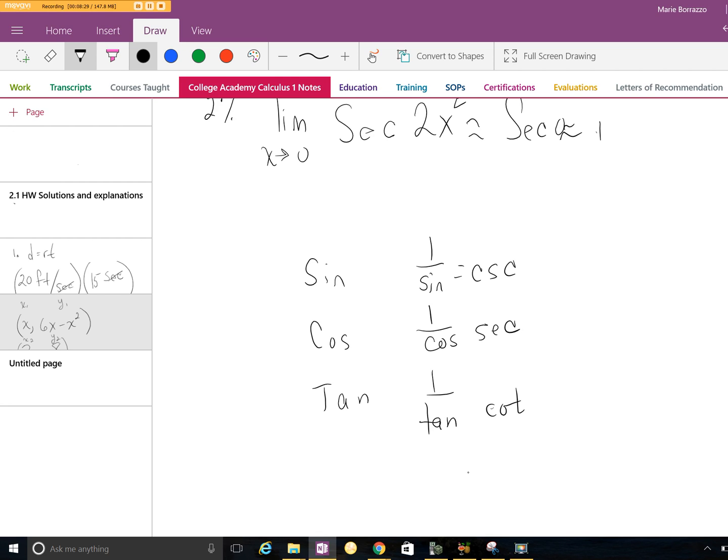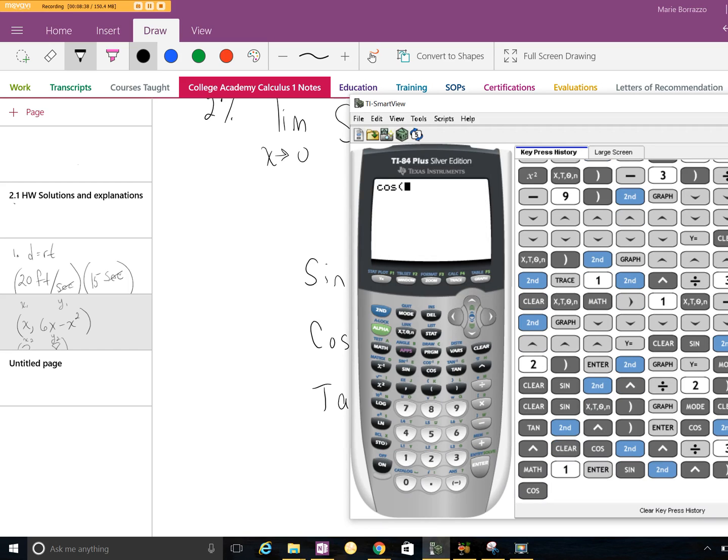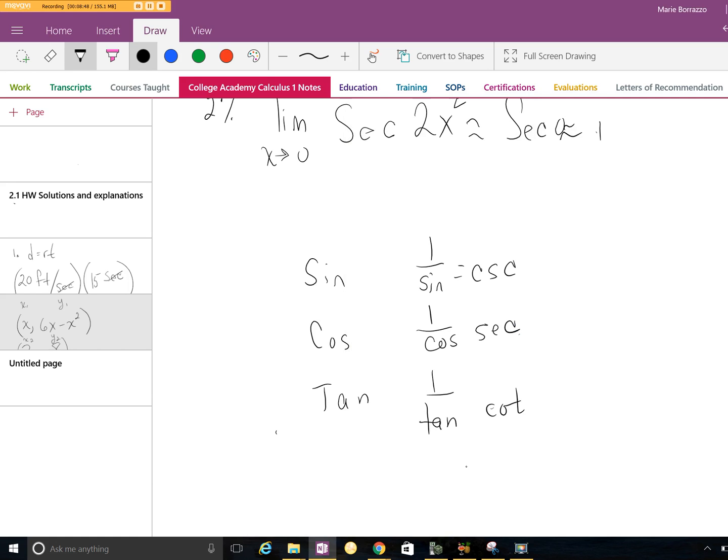So if I'm looking at secant 0, and we know that this is 1, I want to go back to this example. What is cosine 0? Hint, hint. So if I have 1 over cosine 0, I really have 1 over 1, which is 1.